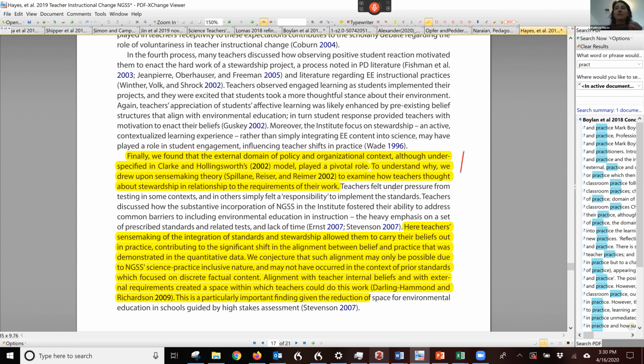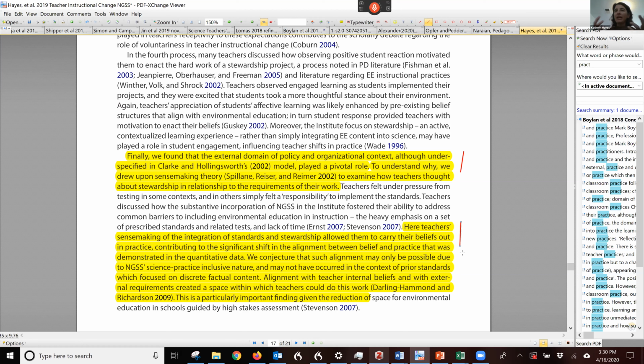To examine, so I talk about theory, and then I say, here teachers' sense-making of the integration of standards and stewardship allowed them to carry out their beliefs in practice, contributing to the significant shift in the alignment between belief and practice that was demonstrated in the quantitative data.